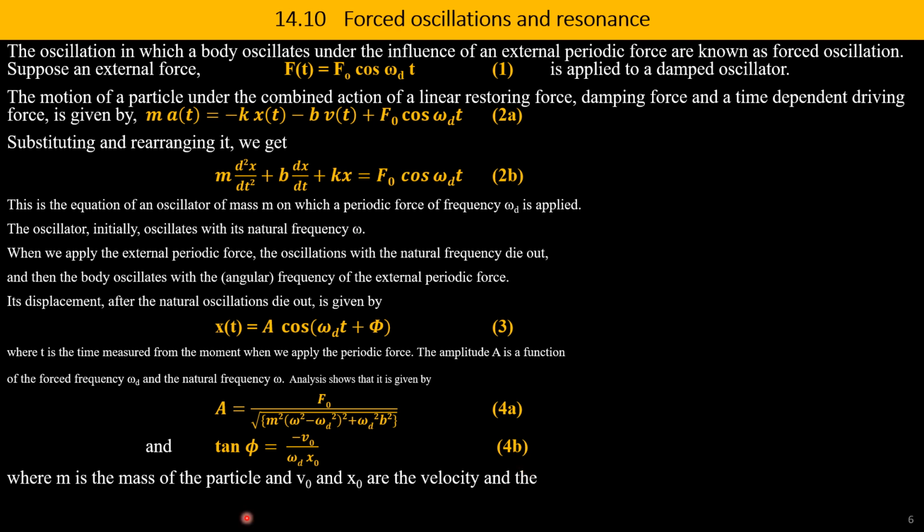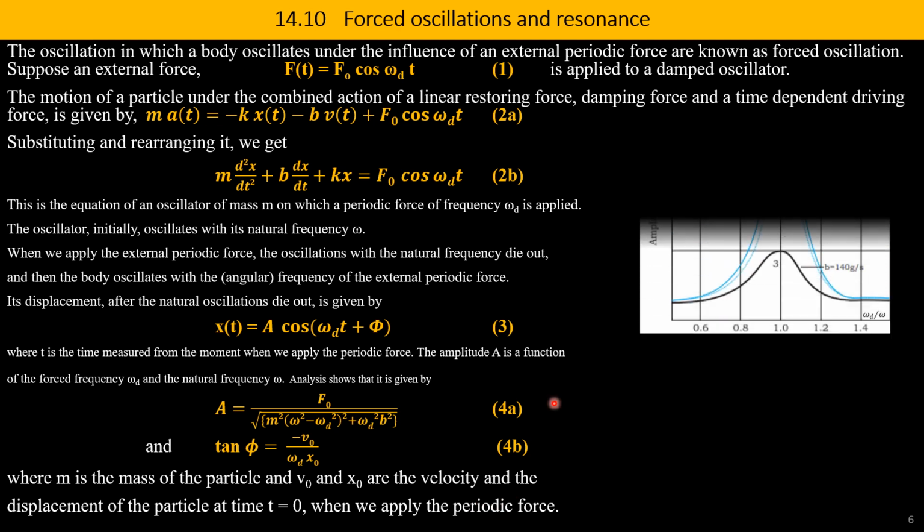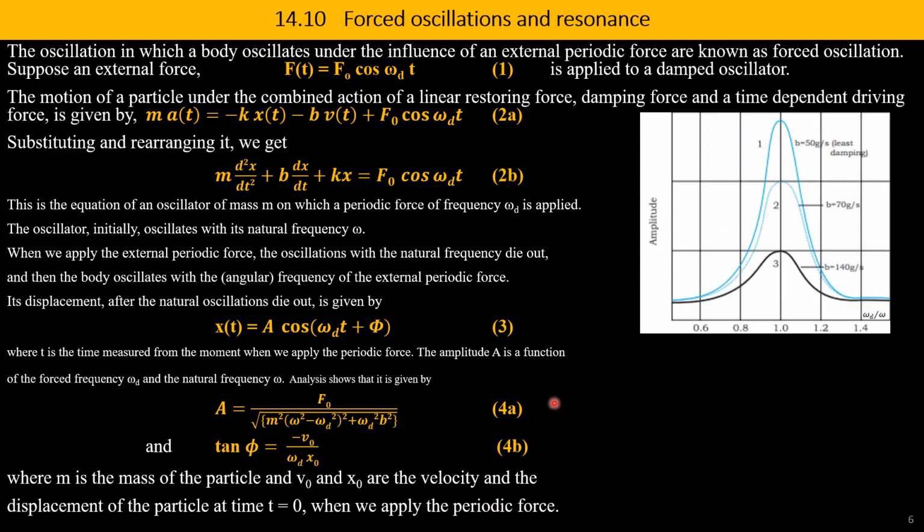Here m is the mass of the particle, and v naught and x naught are the velocity and displacement of the particle at time t equals 0, when we actually apply the periodic external force. These can be plotted in a graph shown on the screen.